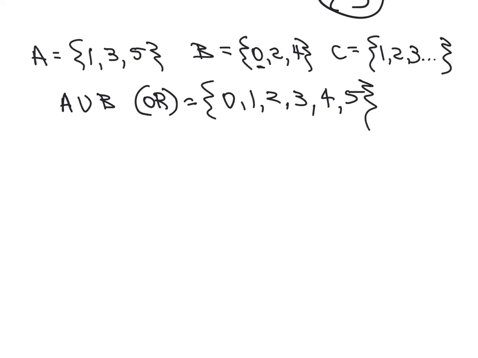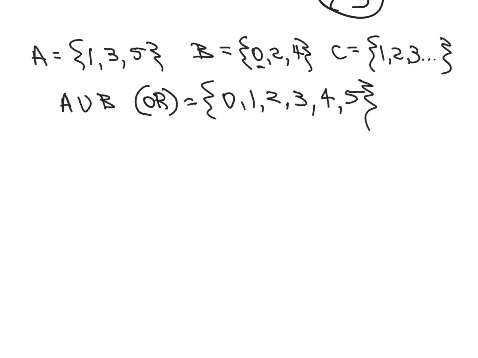So it would be all of the numbers that are in both sets. Now, if 1 occurred in A and 1 occurred in B, you'd only write it one time. But in this case, we have 6 completely different numbers. So that's A union B.